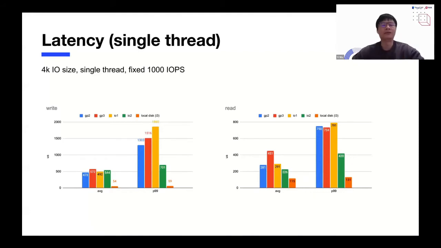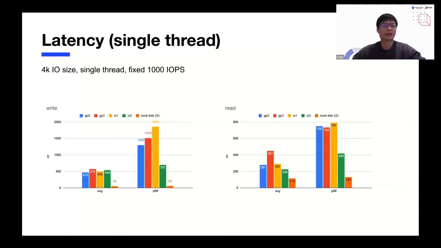Those different EBS volume types provide different performance characteristics, and they also come with different pricing. So we want a benchmark to figure out which type of EBS volume we want to use.